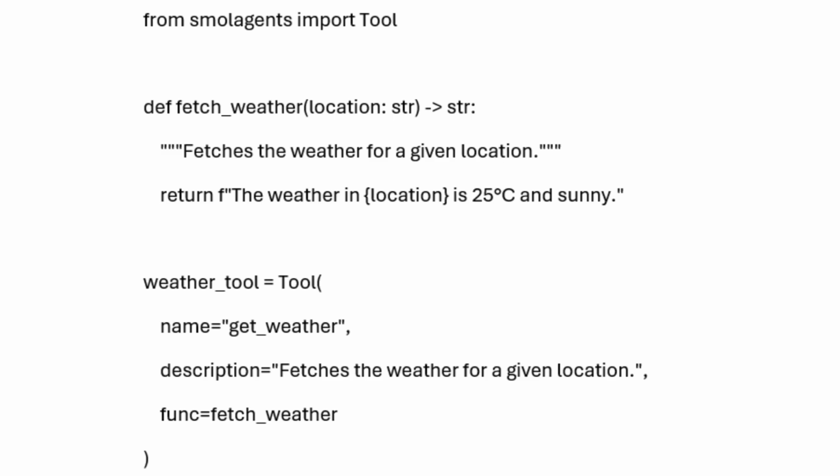Step 1, from smolagents import Tool. Here, we're importing the Tool class from Smolagents. Unlike the @tool decorator, which automatically registers a function as a tool, the Tool class lets us manually create a tool object. This gives us more flexibility, especially when we need to dynamically register tools or add extra metadata.